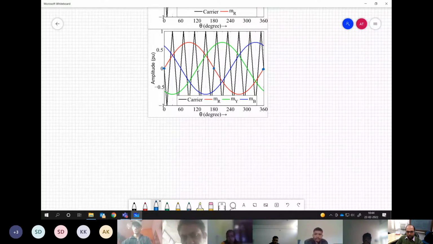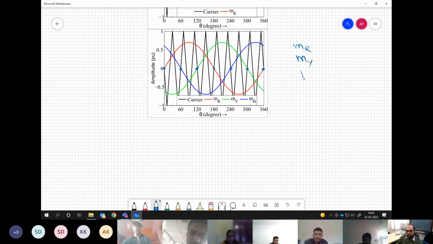Y phase also, if you observe, it is matching the 0 crossing here, matching the 0 crossing here, and so on. Everywhere it will match. So what is happening at this point? The carrier is going down and coming up. Here also going down and coming up. Even B phase also, if you see the positive 0 crossing, it's going down and coming up. This is what I mean by the way MR, MY and MB are seeing the carrier. It looks common to all three of this.